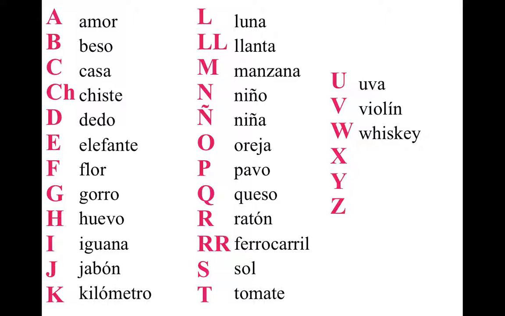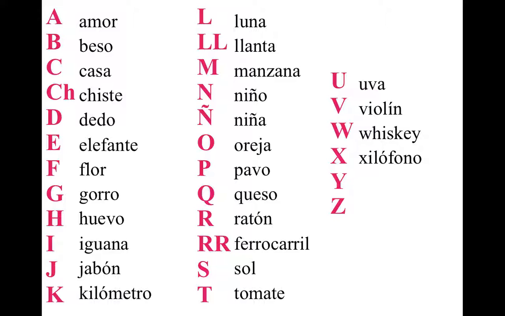Sometimes waffle is kind of on the fence right now. It's getting adopted into Spanish, so some people in Spanish-speaking countries will say waffles instead of other colloquial words. And things like whiskey, they'll say a lot, but it's actually an English word, so really it's not one that you will see in Spanish.